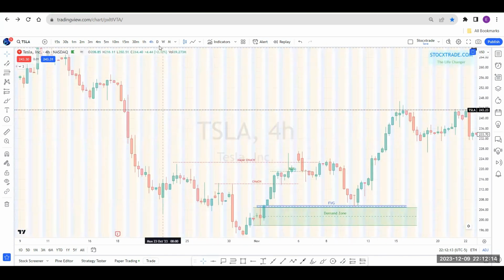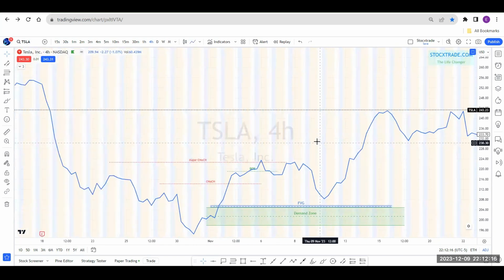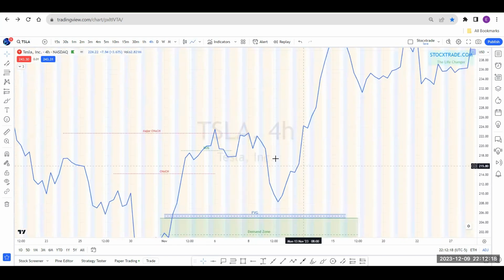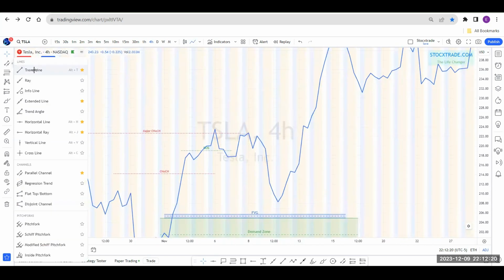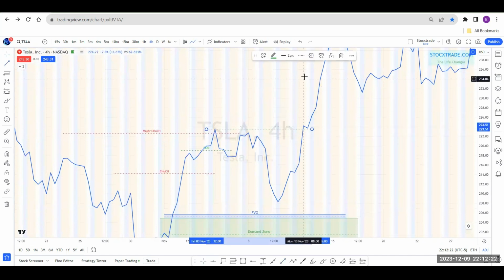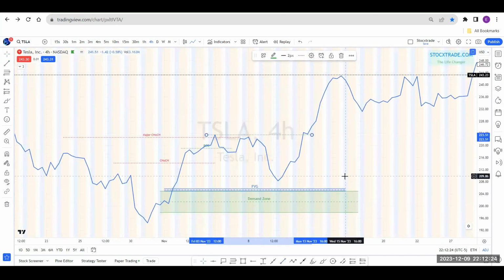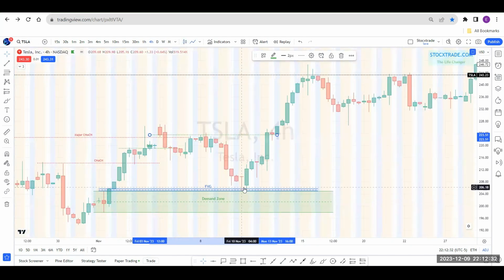Where is your liquidity level? Your first internal liquidity is here. This can be your first target. Your entry was 206, your exit at 223. Within how many days? This is your entry: first day, second day.